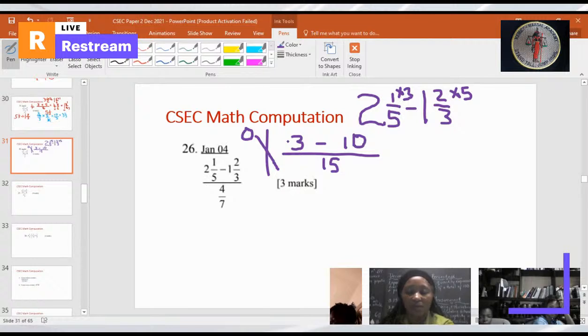When I take the 1 from the whole and I'm bringing it over, I can't just put it as 1. I have to express it as something over the denominator. Since the denominator is 15, that 1 whole can be expressed as 15 over 15. And we're going to add it to the 3 that was there already. That would give you 18, Miss.